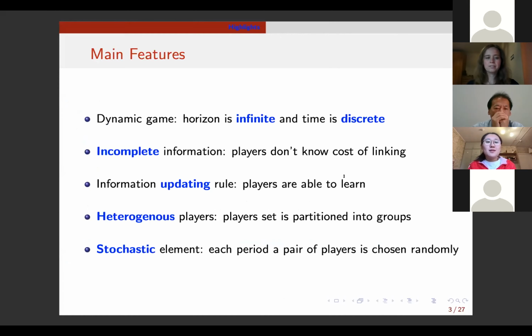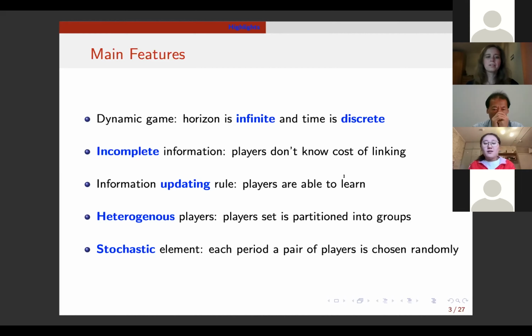Well, there are some features of this work. First, the game process is infinite and the time is discrete. And the game is of incomplete information because players don't know all information about the game, but a player can learn. So there is an information updating rule.